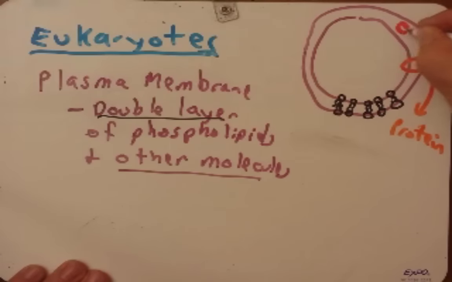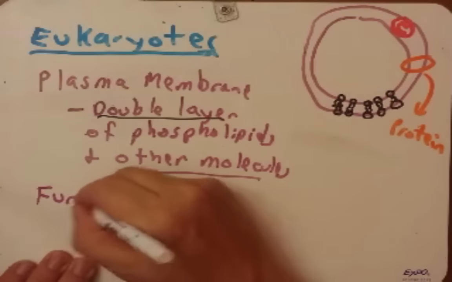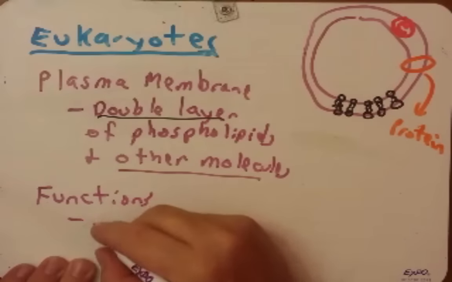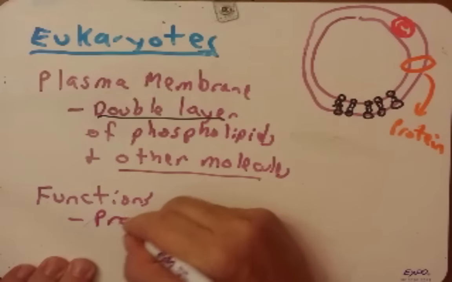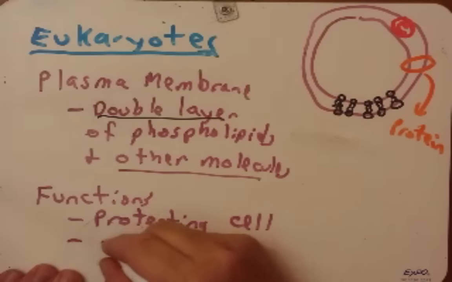I'm just going to put a C here for cholesterol. Sometimes we can have that in our membranes as well. The main purpose of the plasma membrane, we can think of it as having a couple functions. It does serve a role in protecting the cell, and it serves as a selective barrier.